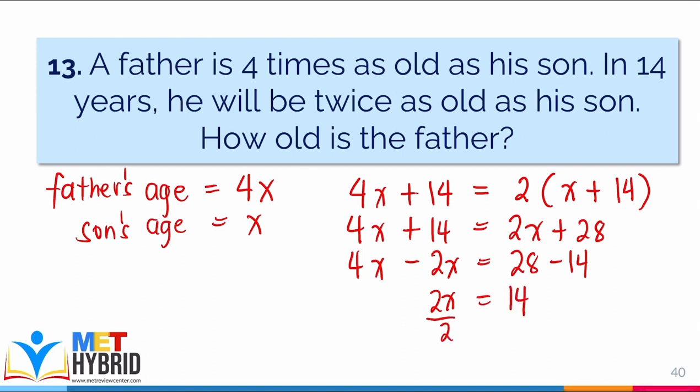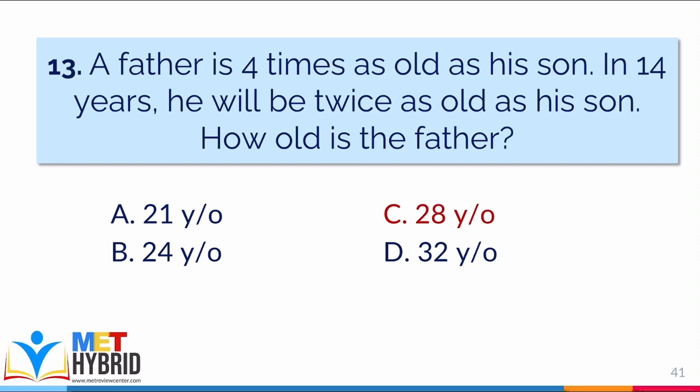Divide both sides by 2. X therefore is 7. Since the father's age is 4x, therefore the father's age is 4 times 7, which is 28. Our answer to the question is letter C, 28 years old.